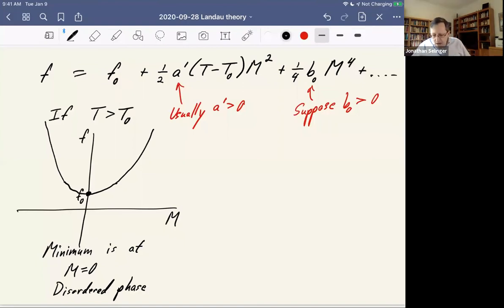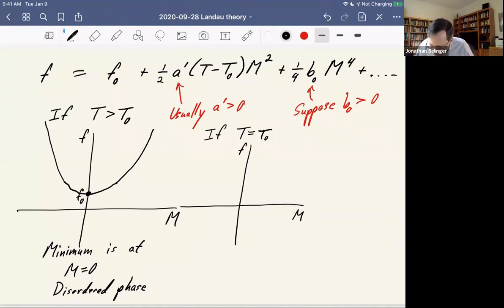Okay, now suppose that the temperature is just equal to T0. So I'll draw that here. If T equals T0, then we would get a plot for the free energy, which again starts at F0.